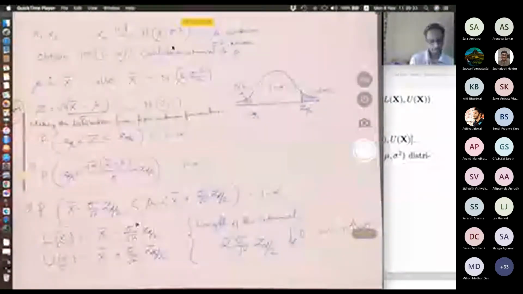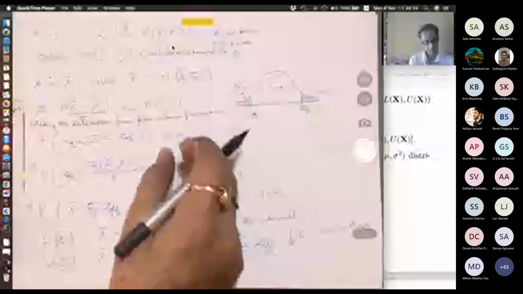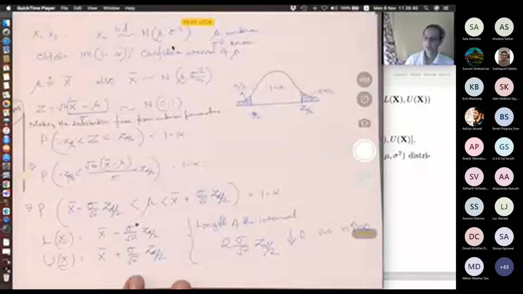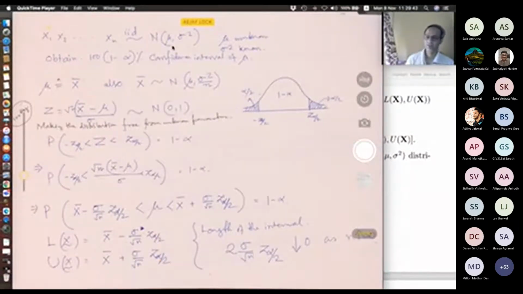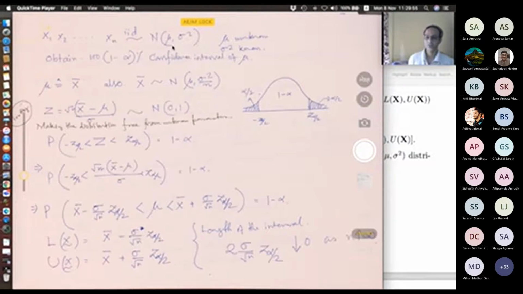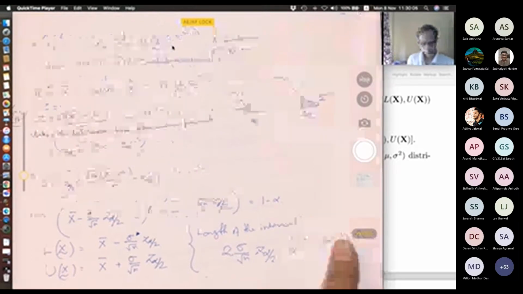This is what we have done. After that, from the known distribution, you do the rest of the steps. Tell me if you have any query here, because this is the basic thing. The rest of the thing will be a subsequent application of this idea. Hello? Is it clear for everybody? Yes, sir. Okay, very good. If it is clear for everybody, then let us go for other versions of it.